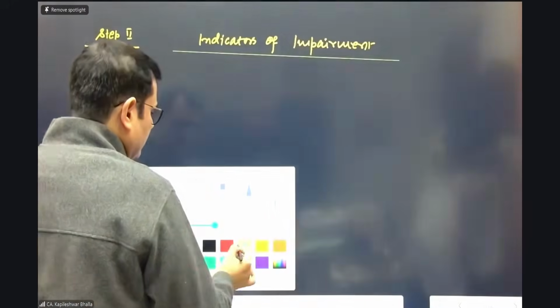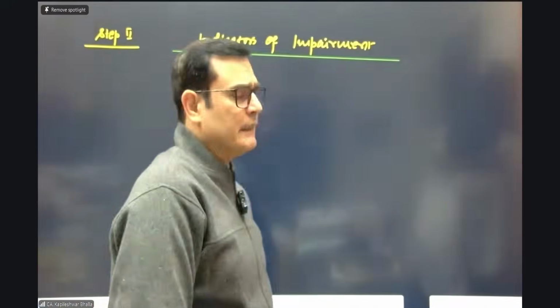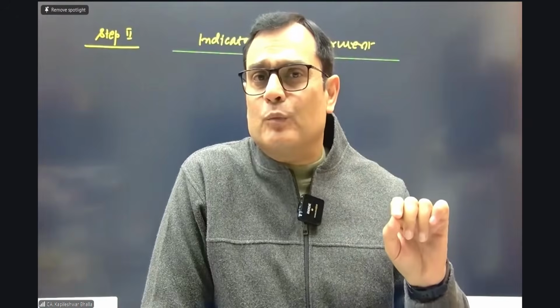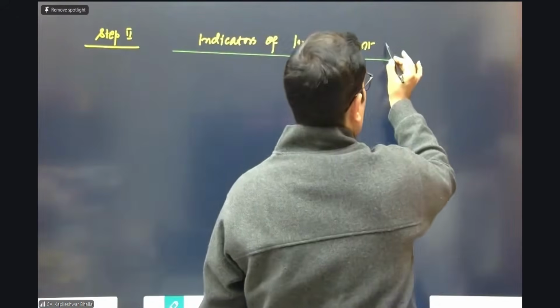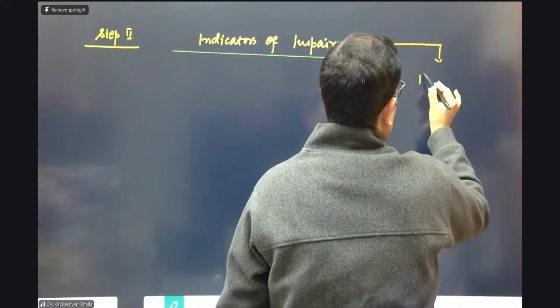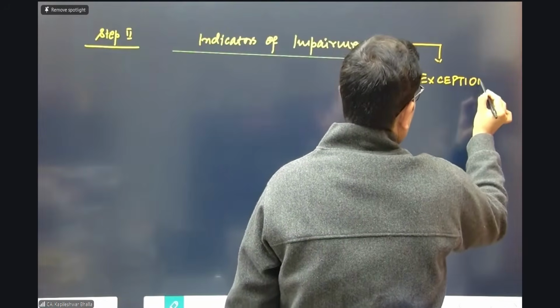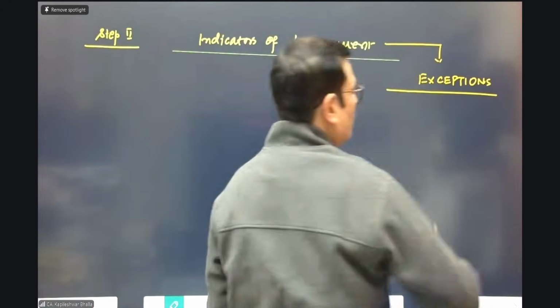But as we discuss the indications of impairment, immediately what should come to mind is, are there any exceptions? That can also be a very good area for testing in MCQs, about which cases don't need indications. So let's first talk about the exceptions where indications of impairment are not required.